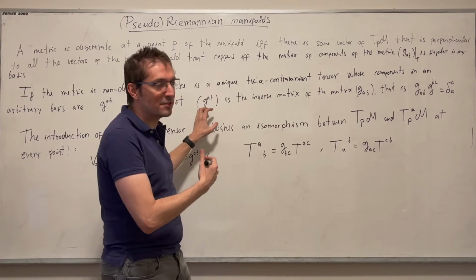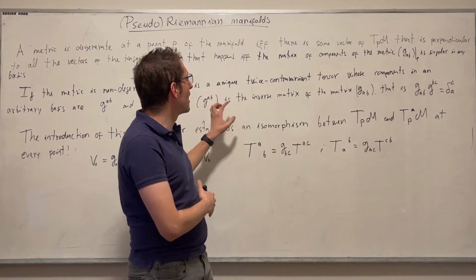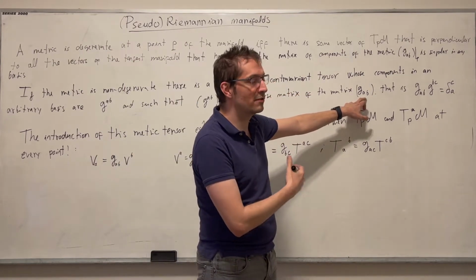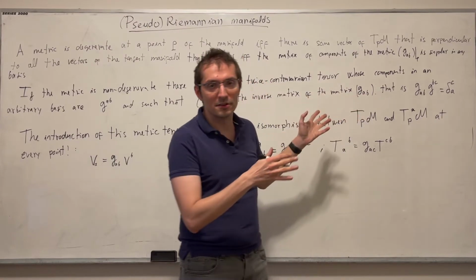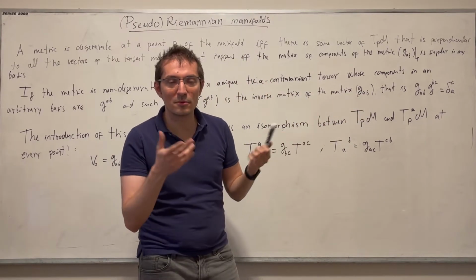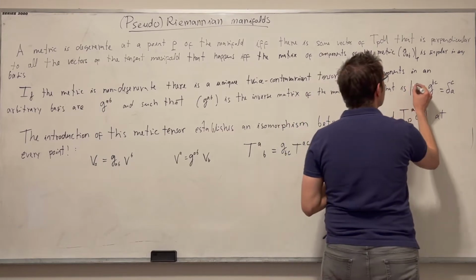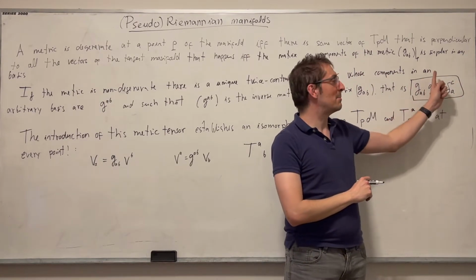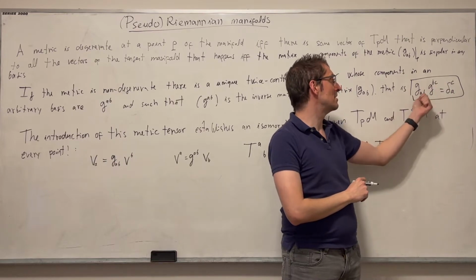Its components, in any basis, are going to be the inverse of the matrix made of the components of the metric. So, writing it in math, the two tensors satisfy that equation: g^{bc} is the matrix inverse to g_{cb}.